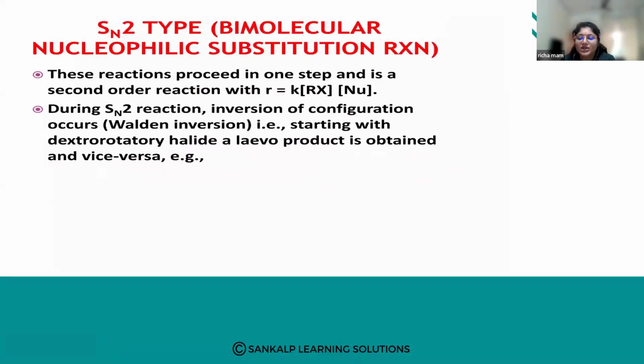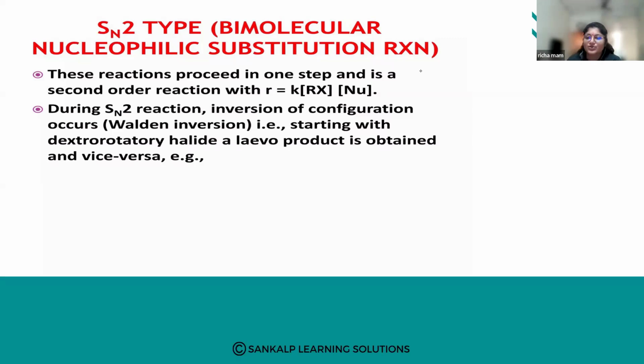What do you mean by SN2? Bimolecular. By the word bimolecular, what will you understand? Bimolecular means the rate of the reaction depends on the concentration of the alkyl halide and also on the nucleophile.